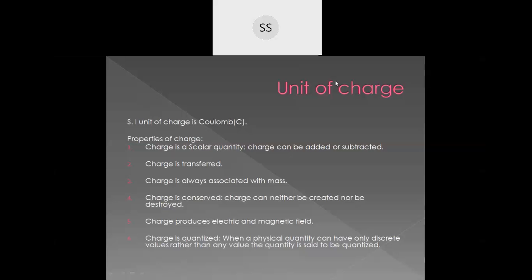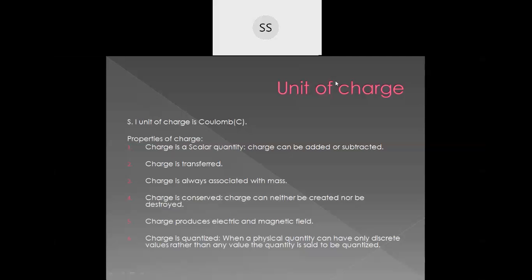Only up to that area the charge can attract or repel other charges. That field around the electric charge is called its electric field. And when the charge moves, it produces electric current, and it produces a magnetic field around itself also. So charge produces electric and magnetic field.